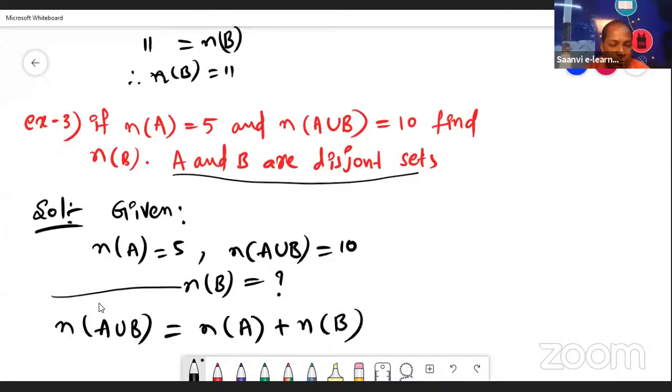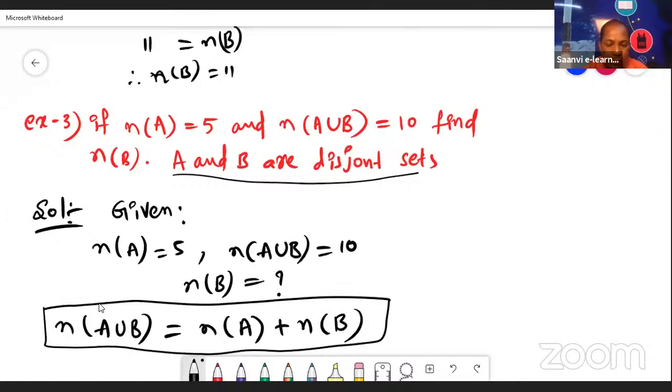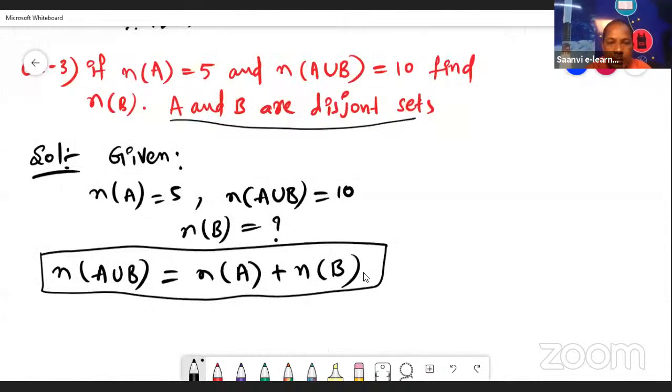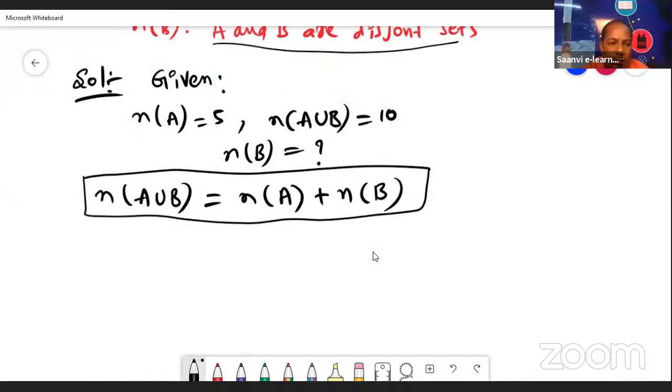Now substitute the values in this formula. So n of A union B, it is given 10, is equal to n of A, it is given 5, plus n of B. n of B is not given, this we have to find out.